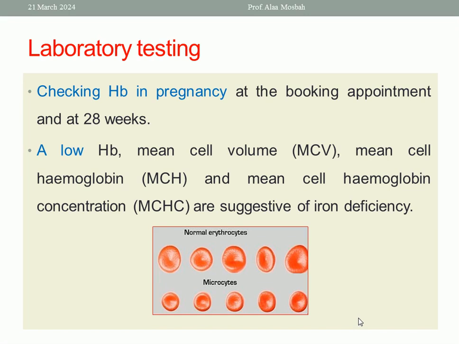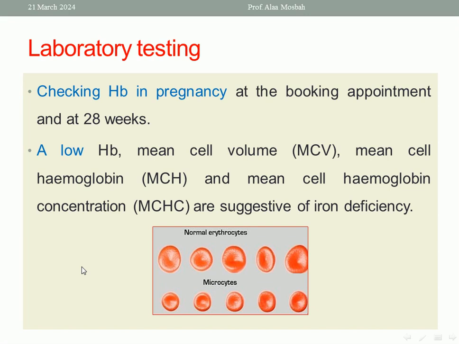What is the expected finding? A low hemoglobin, and the mean cell volume, mean cell hemoglobin, and the mean cell hemoglobin concentration all decrease, suggestive of iron deficiency. And you can see the difference between normal erythrocytes and microcytes.